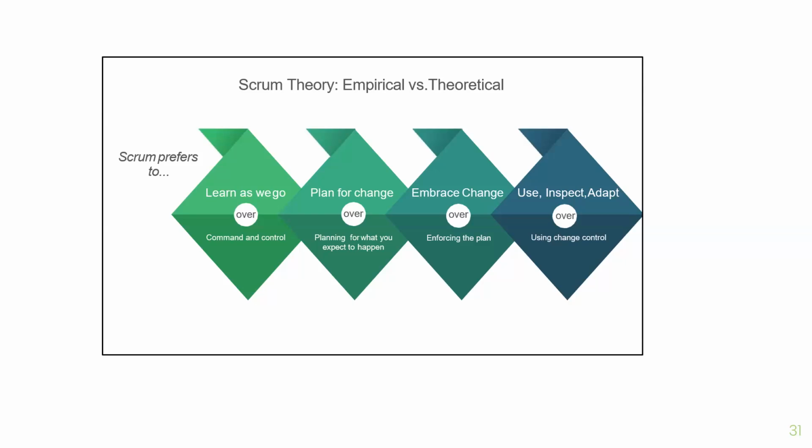You inspect and you adapt, and you continue to make changes along the way. That's basically what Scrum is. It's not a hard and fast rule. You continue to adapt. You continue to make decisions that best serve the customer, the team and the organization as well.